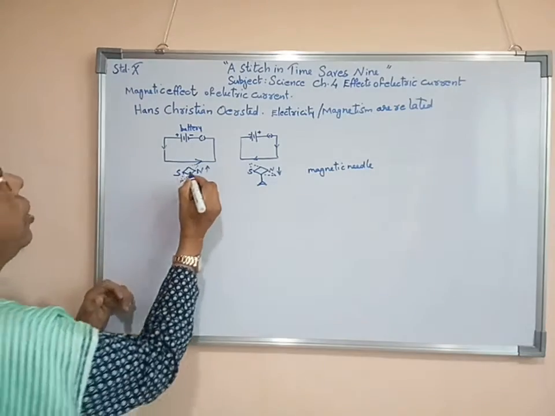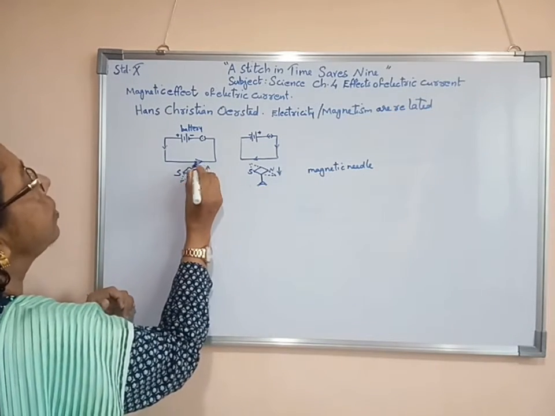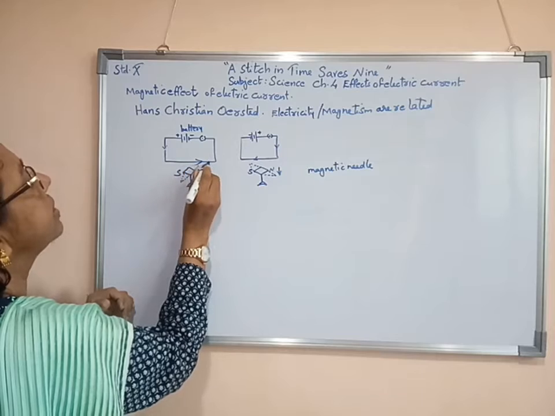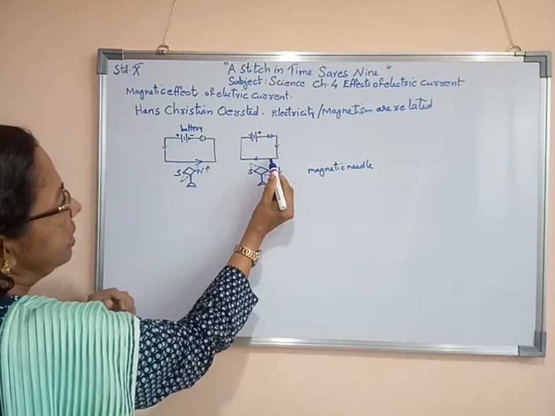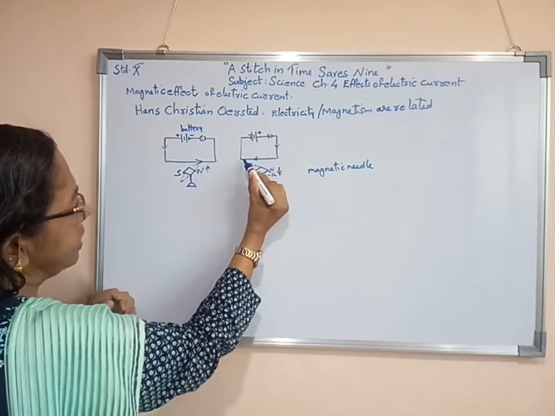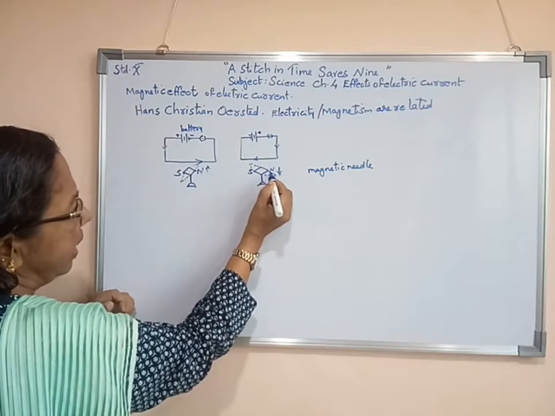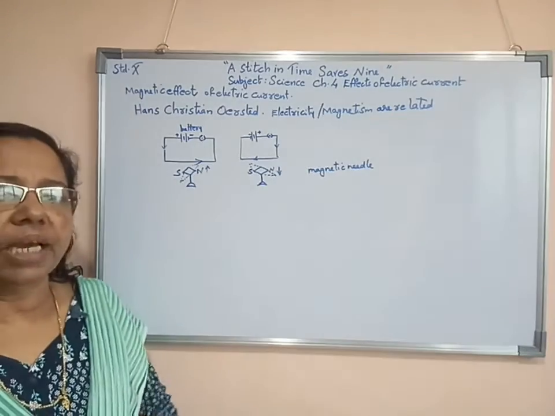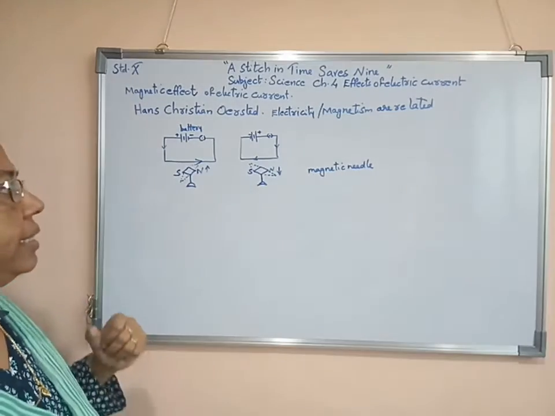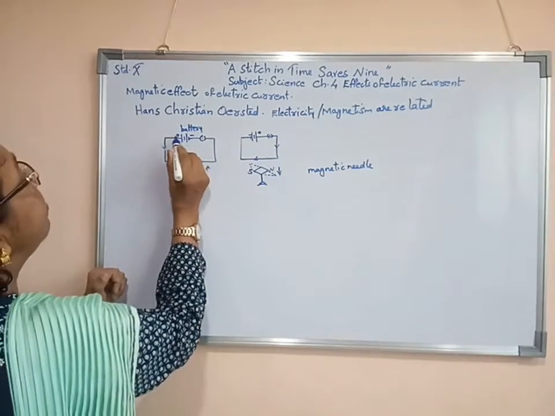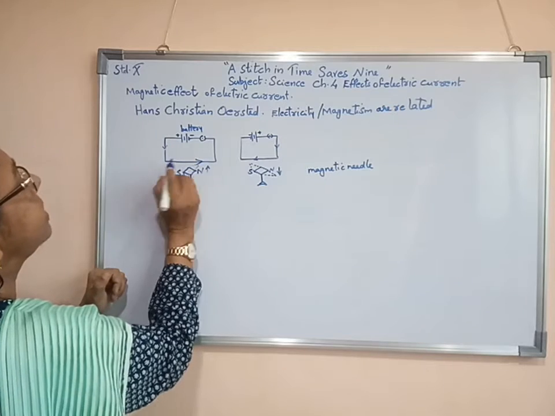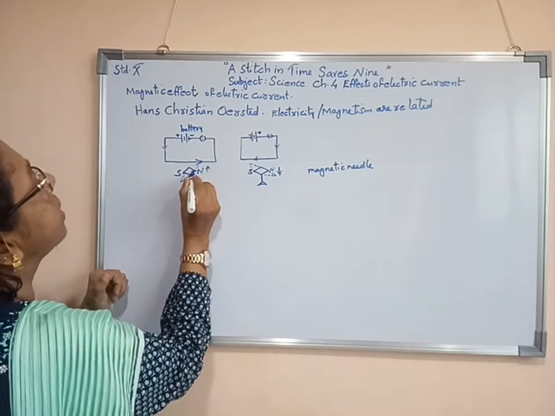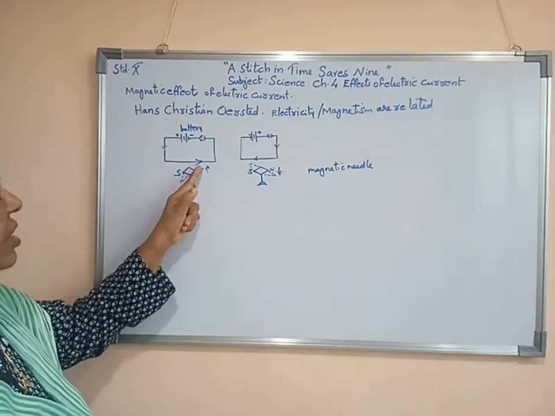One, the north pole deflected as the current flowed towards there. But once the current flowed in the opposite direction, the north pole deflected downward. That is one experiment. Second, towards whichever direction the current flows, the pole there points towards it.